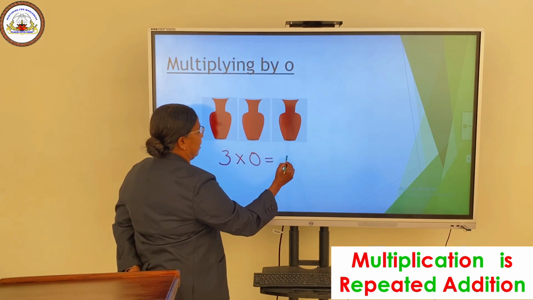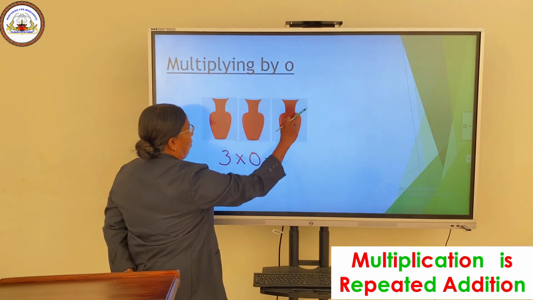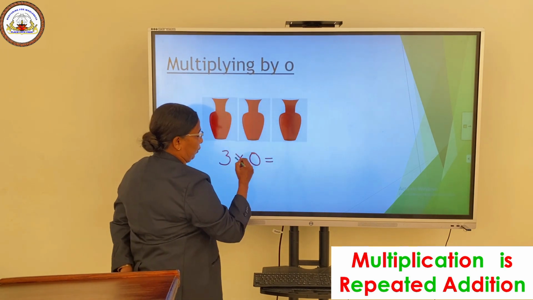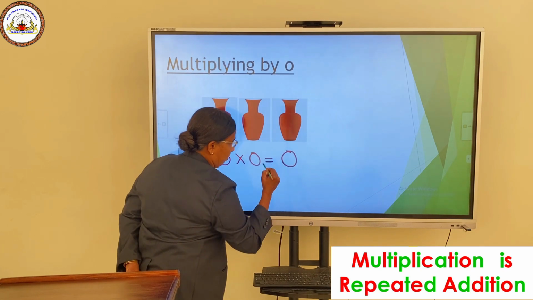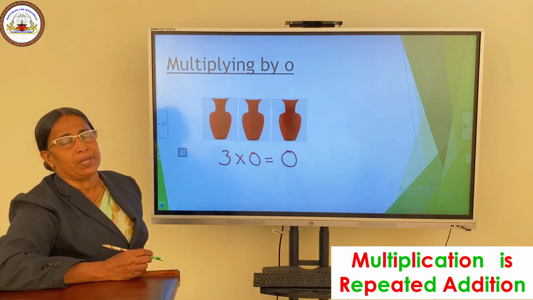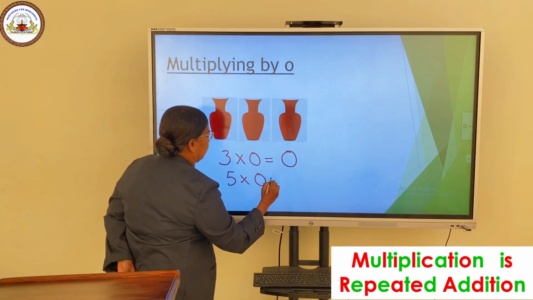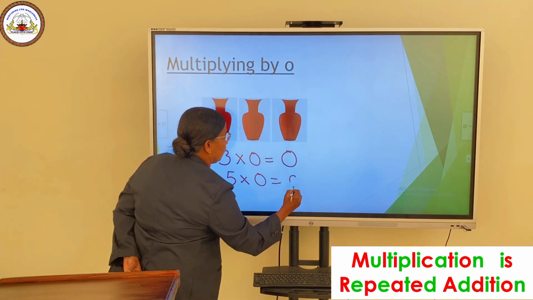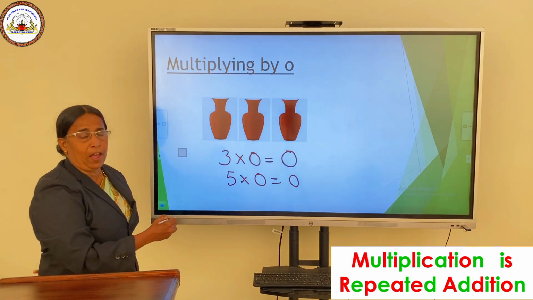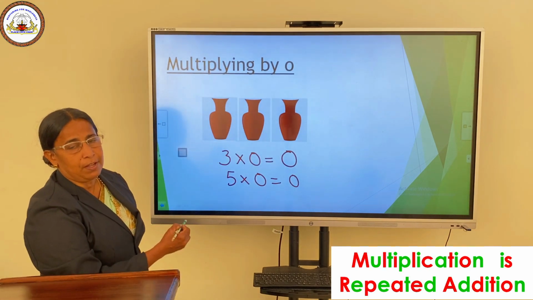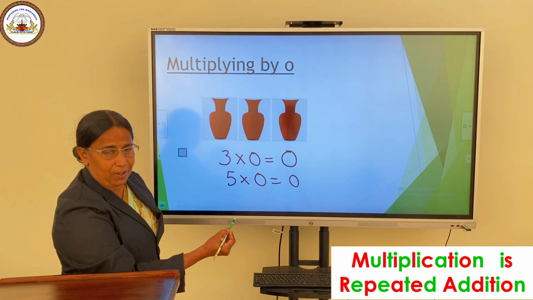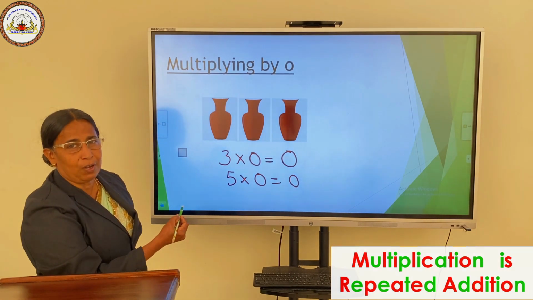In all you cannot see any flowers, so 3 into 0 is 0. This is an important property. So what will be 5 into 0? 5 into 0 is 0. Even if you keep 5 flower vases without any flowers, the total flowers will be 0.